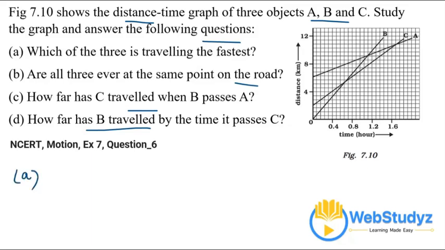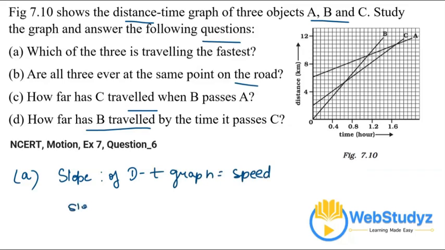Part A says which of the three is traveling the fastest. So this can be calculated using slope. Why slope? Because the slope of a distance time graph is equal to speed, and slope is directly proportional to speed.